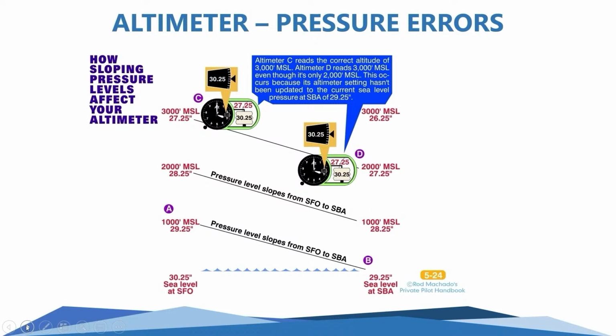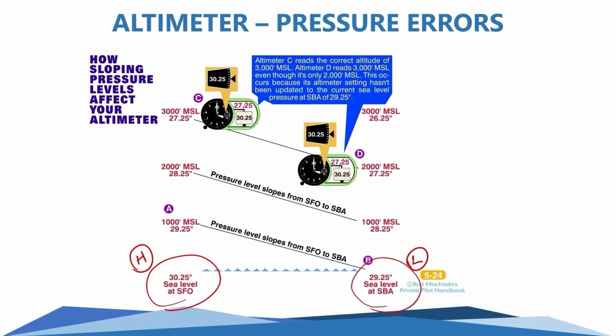So if we are flying from San Francisco to Santa Barbara and we look at the pressure difference, basically we have a high pressure situation at 30.25 inches of mercury in San Francisco, and we have a lower pressure. Basically, the higher values are high pressure, the lower values are low pressure. And we've got 29.25, where we're basically taking an airplane from high pressure to low pressure.